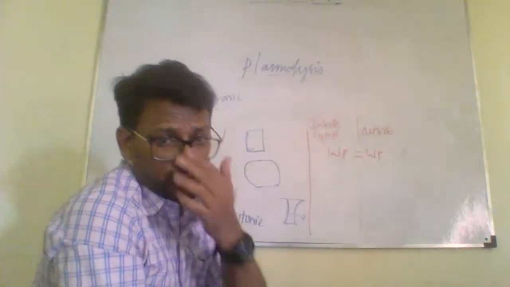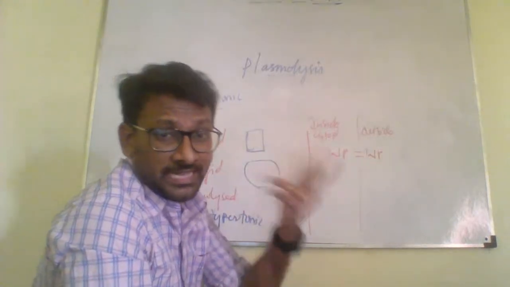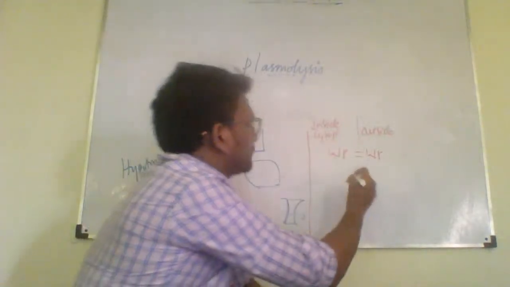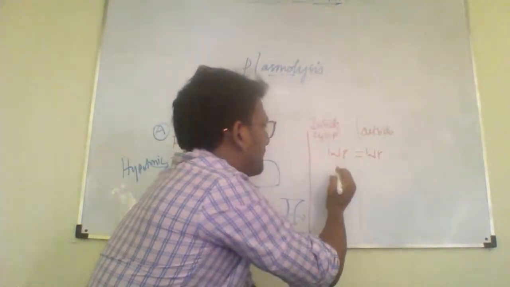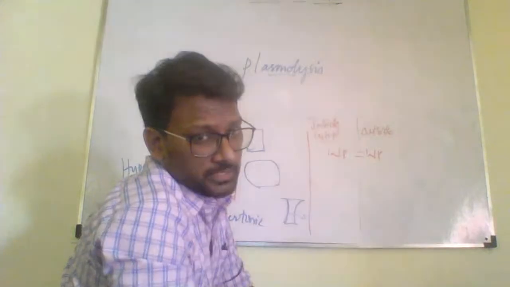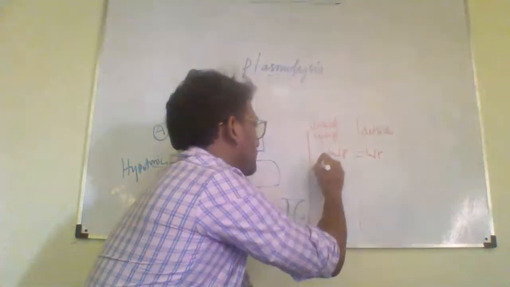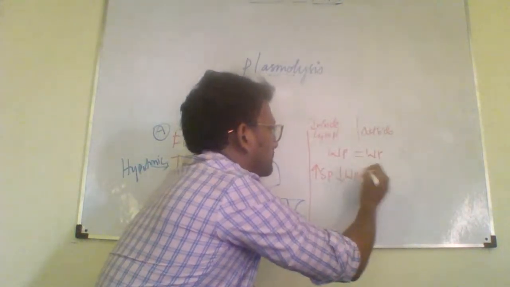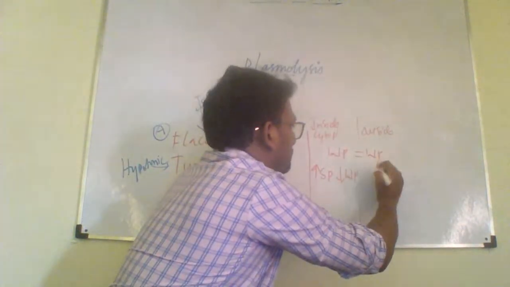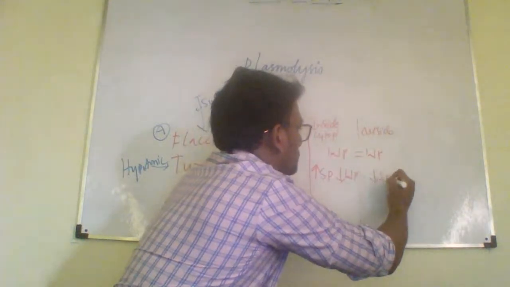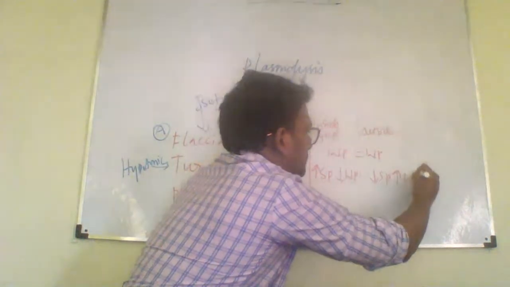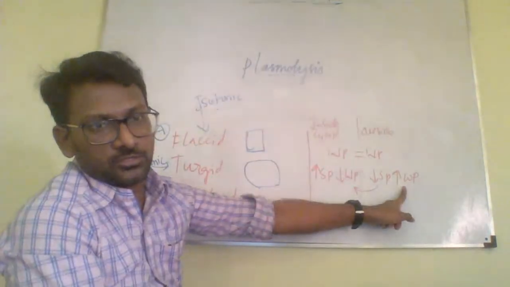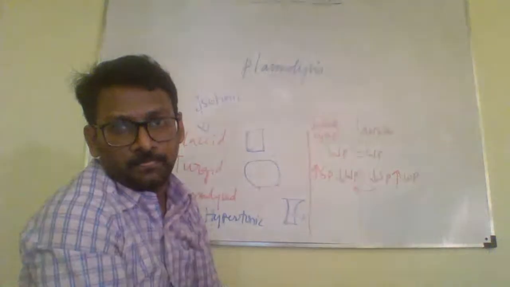Hypertonic solution means low concentration. Low concentration means high water potential, low solute particles. So inside the cell you will have more solute particles, right? So you can write more solute potential, less water potential. And outside you have less solute potential, more water potential. So water tends to move from higher water potential to the lower water potential.